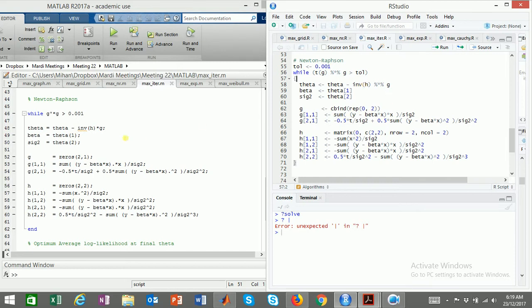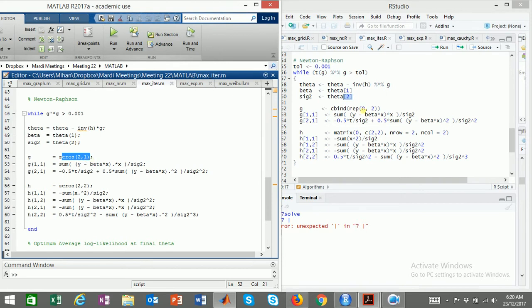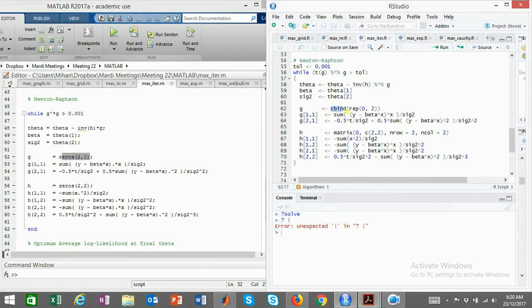The inverse multiplied by g for theta 1 is the element we are talking about, so it is the second element in the third bracket. Zeros, 2 rows 1 column. So column bind, not row bind, repeating zeros in the 2 rows. Column bind.